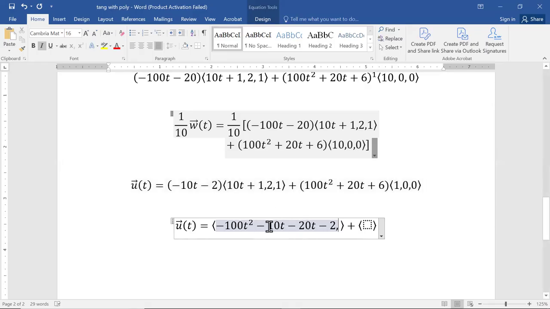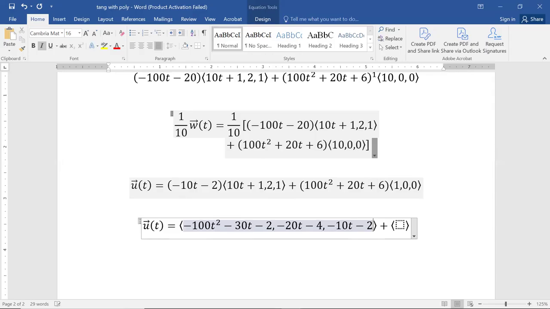By the way, we can combine these terms and get minus 30t. The y component, you take negative 10t times 2, that's negative 20t. And then negative 2 times 2, that's negative 4. In the z component, you take negative 10t minus 2 and multiply it times 1. That's negative 10t minus 2.